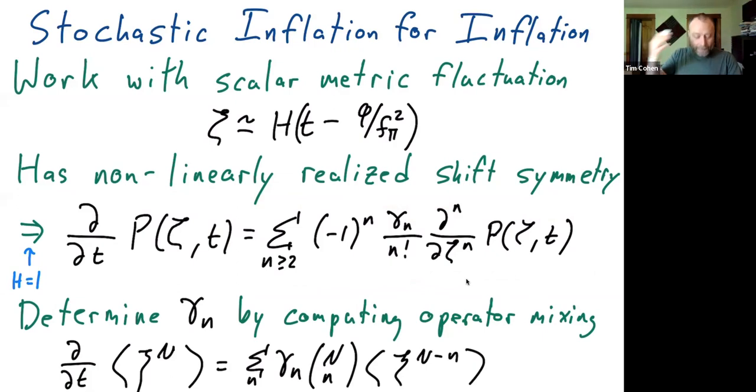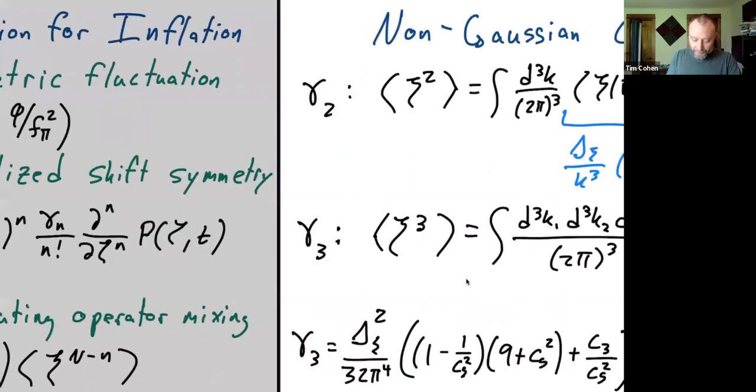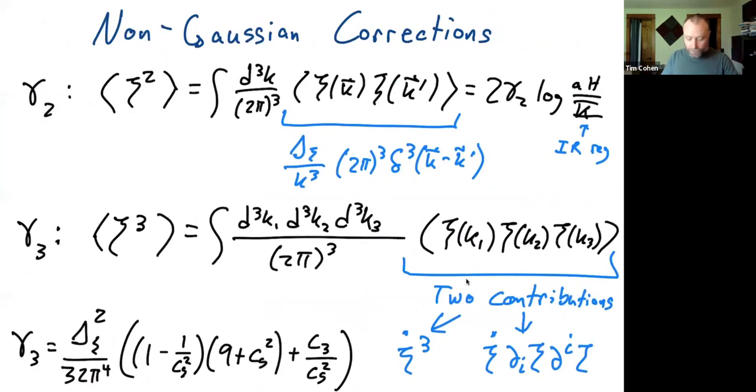Again, we can determine the correlators of zeta through this operator mixing approach in the soft limit. Just like before, we get the following types of contributions. The order zeta squared contribution, the 2-point function, is just coming from the Gaussian. This is the Gaussian scale invariant power spectrum, the initial conditions. And again, we get logs of aH.